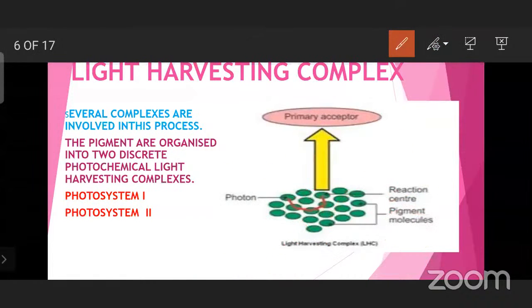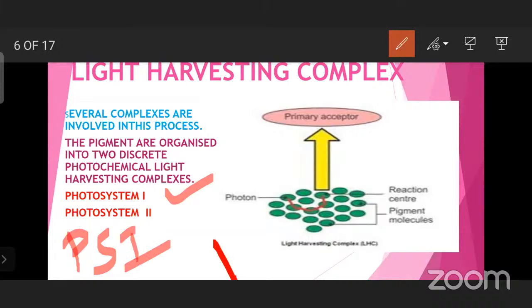So here we have photosystem 1 and photosystem 2. In short, they are called PS1 and PS2, named after their identification. Photosystem 1 and photosystem 2 are the places where the light energy is harvested.